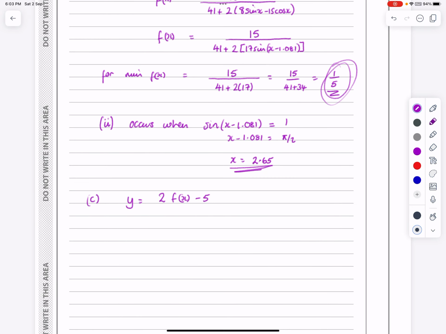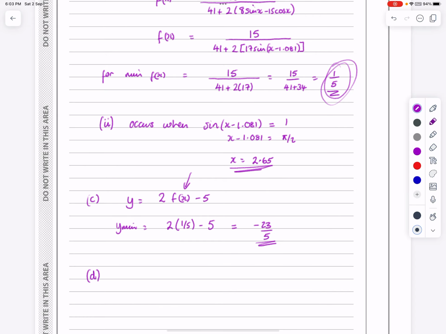That's the y value. So the new y minimum would be 2 lots of a fifth minus 5, and then just work that out. That actually works out to be minus 23 over 5. So if we did this transformation, we'd be doing that transformation to the minimum point as well. So the new minimum point then would be equal to that one.